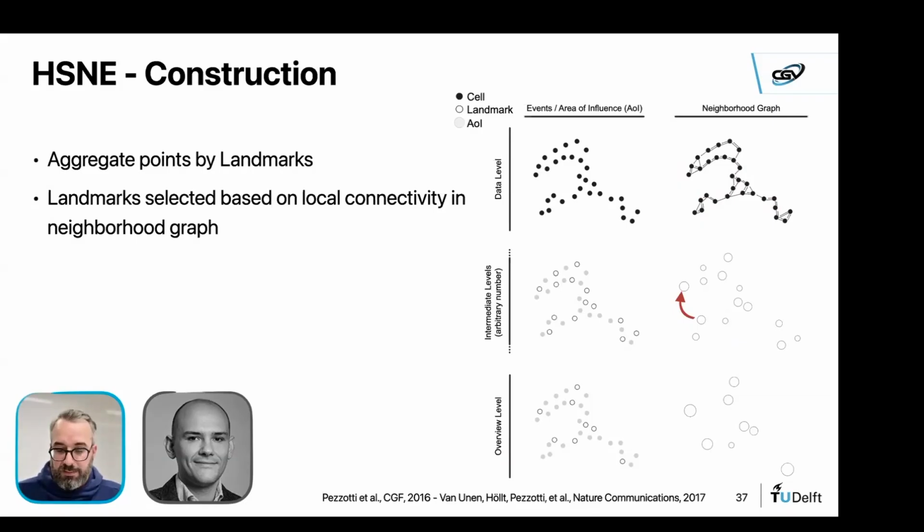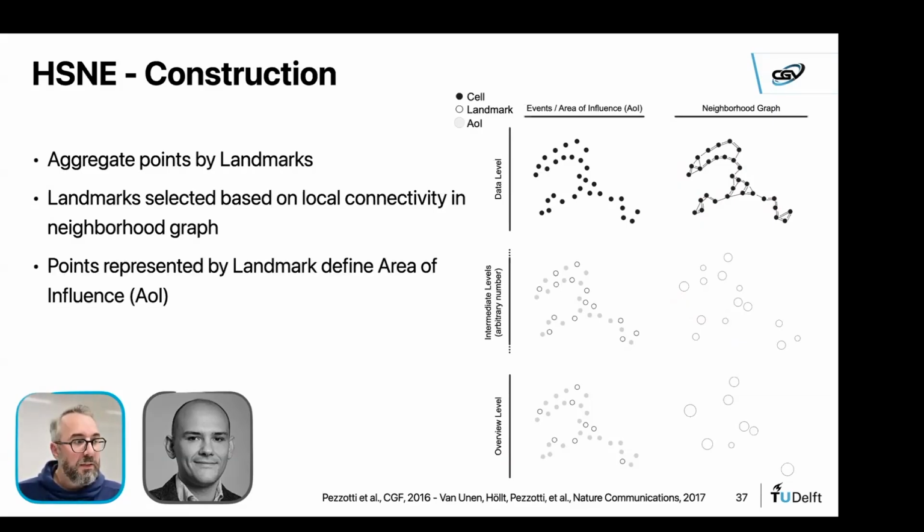What we do is calculate what we call the area of influence, which is all of the points that are in the vicinity of, or under the influence of, these landmarks. We calculate this by a stochastic process, looking at which points can be reached from each point, but the details are not that important here. Ultimately we get what you see in this illustration, sort of halos around each landmark.